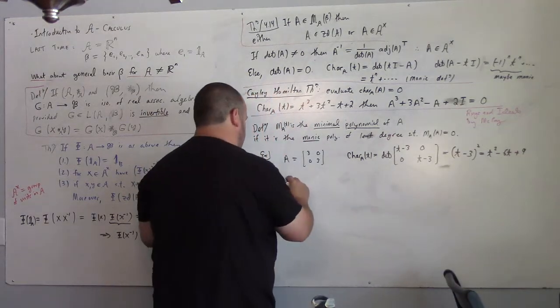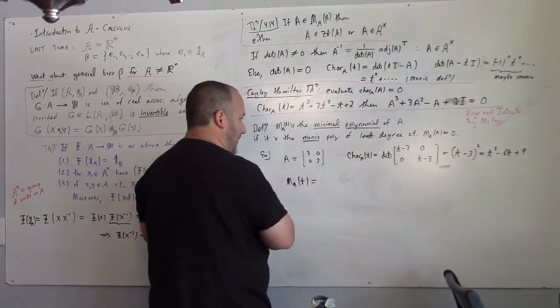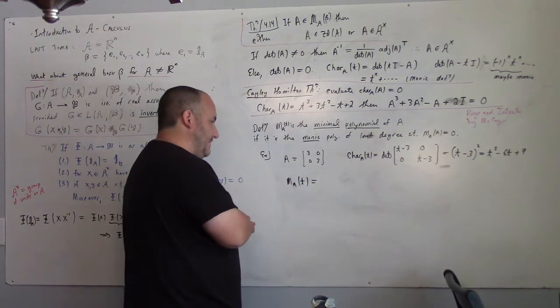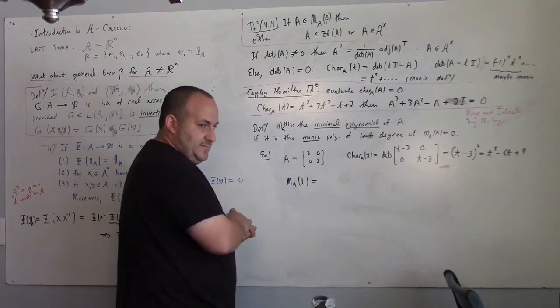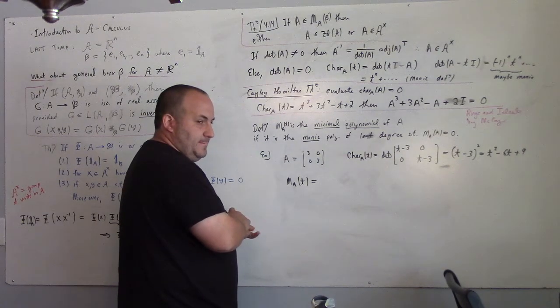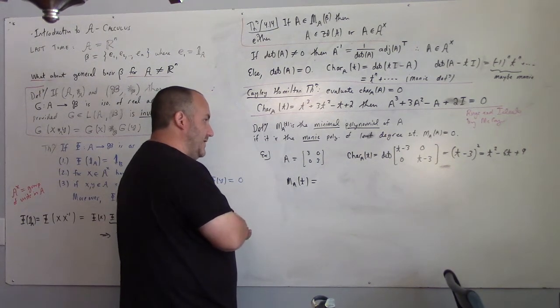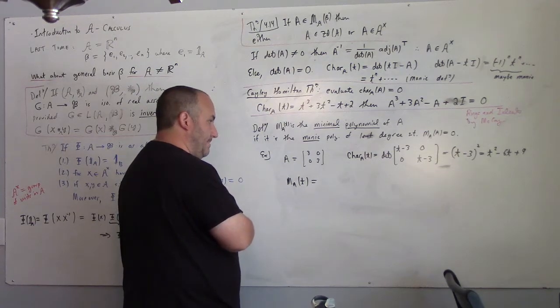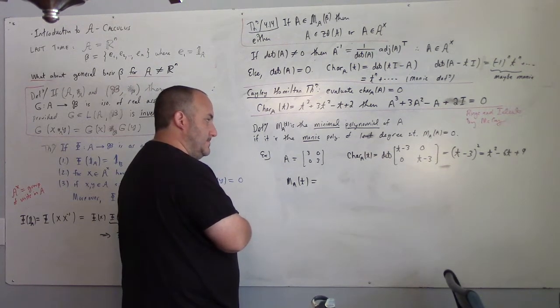What's the minimal polynomial here? No. So I need a monic polynomial of least degree where m(A) equals 0.